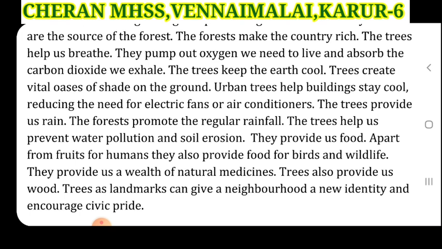They provide us food. Apart from fruits for humans, they also provide food for birds and wildlife. They provide us a wealth of natural medicines. Trees also provide us wood. Trees as landmarks can give a neighborhood a new identity and encourage civic pride.